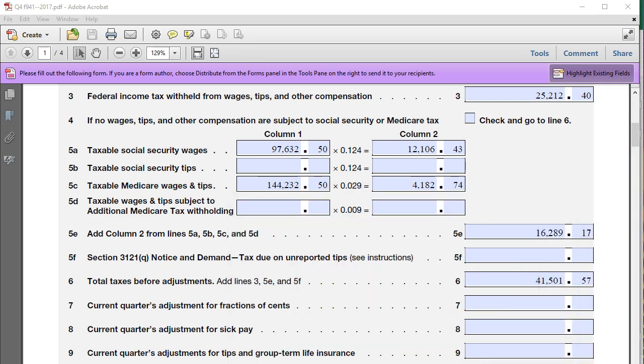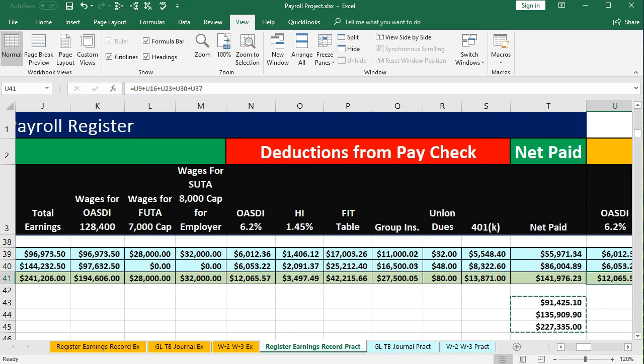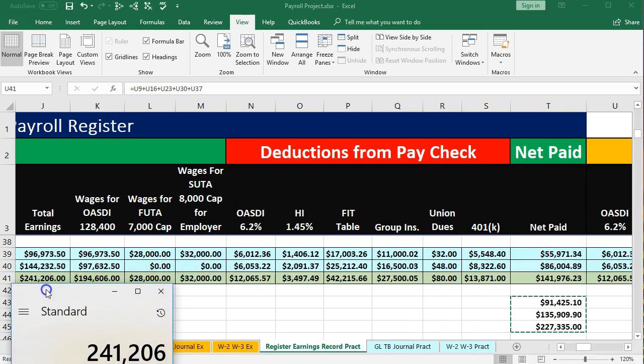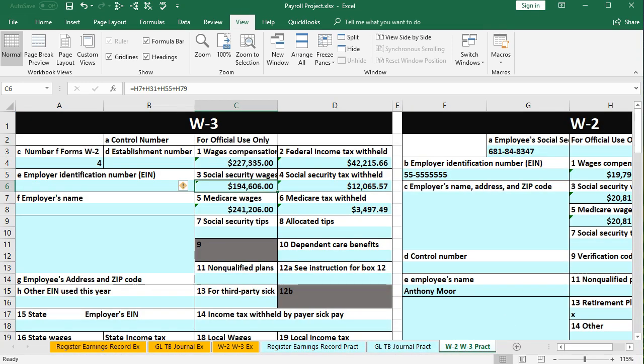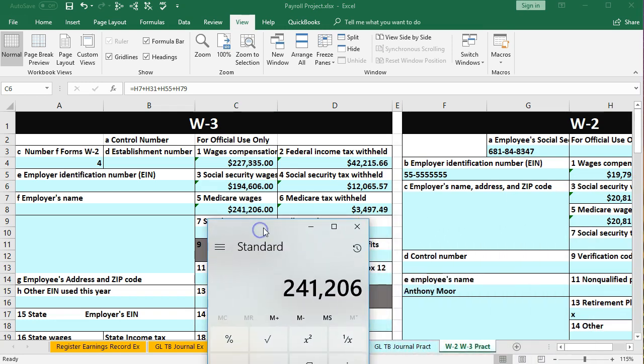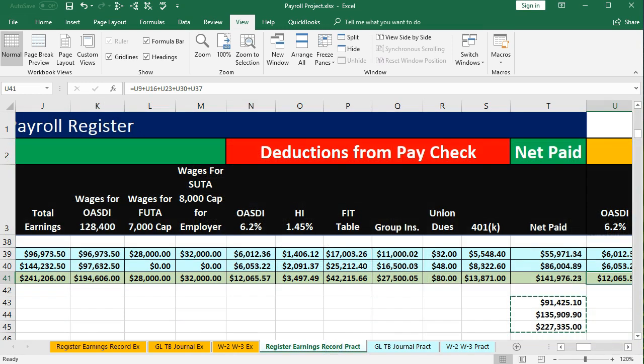If we go back to our worksheet, we're going to say the Medicare is the total wages that we had. So I'm going to go to the right just a little bit. So there's the 241,206. And then if we go to our W-3, that should match out here, 241,206.